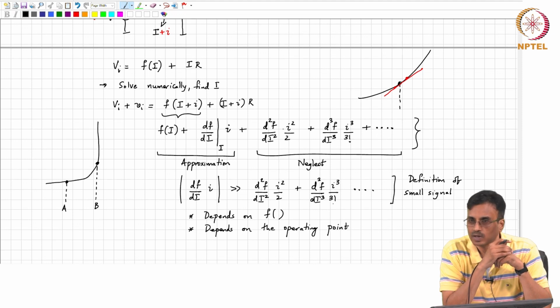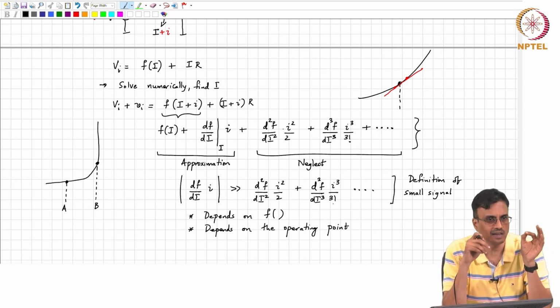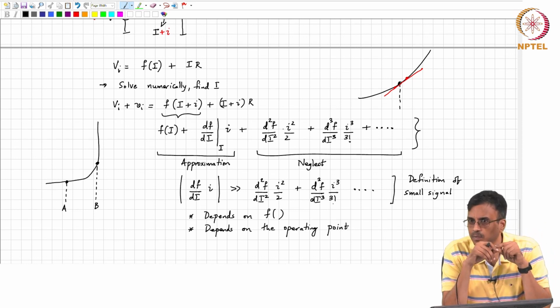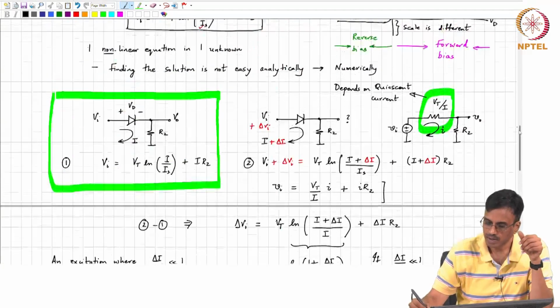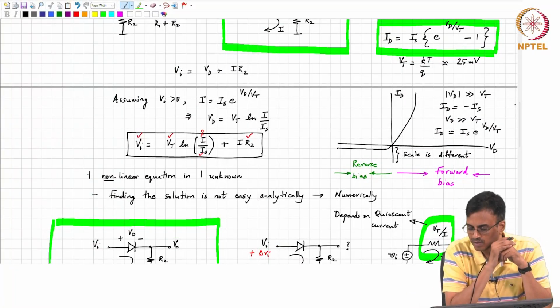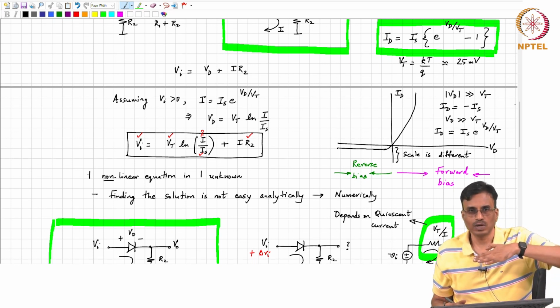Clearly you can see that this definition of small signal is not absolute. It not only depends on the device, but also on the operating point for that particular device. So it is very context dependent. A good case in point is the diode. In the reverse bias region, the curve is virtually flat.